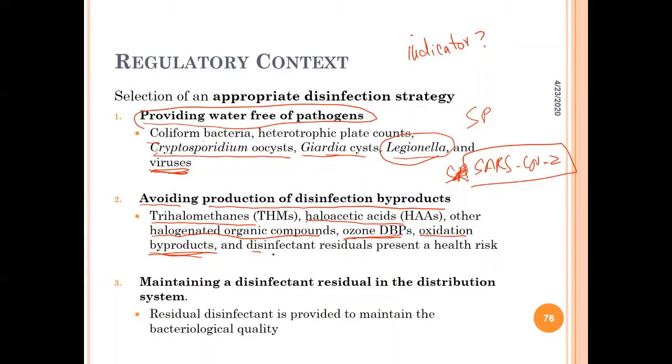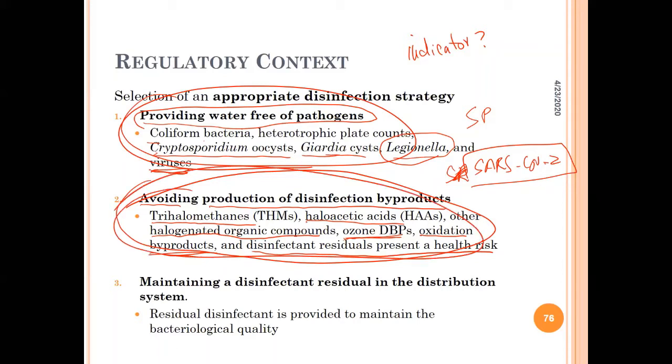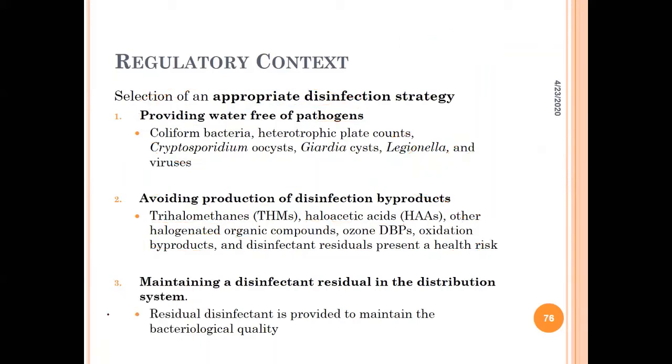And disinfectant residual is present at the end of the distribution. You use some disinfectant and it leaves some residual, but when the user uses this water, that residual concentration can cause health problems. So we have to avoid all of these disinfection byproducts. Not only kill the microorganisms, but also avoid these byproducts.